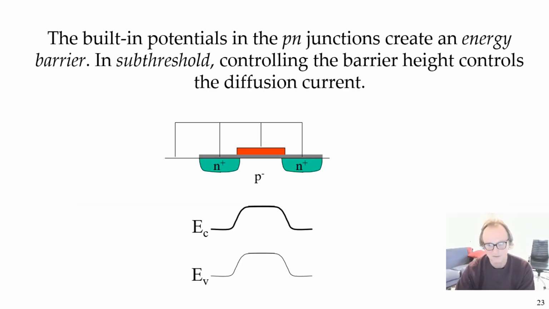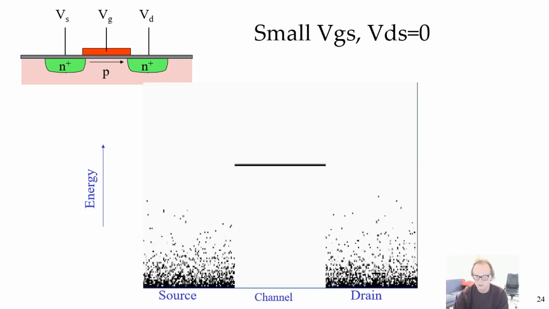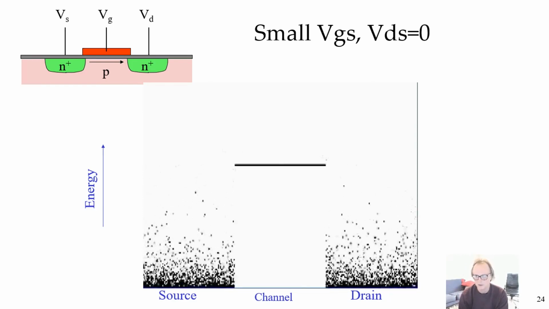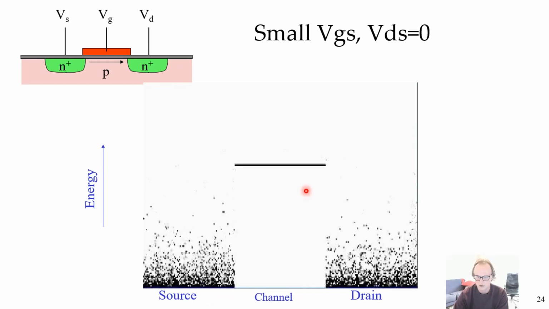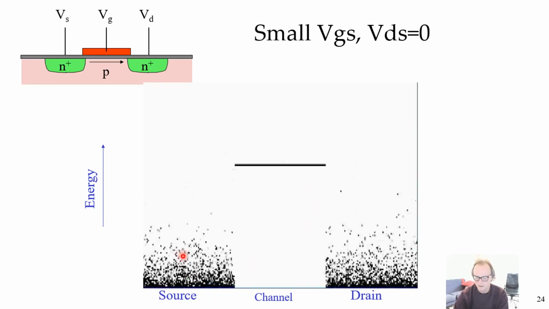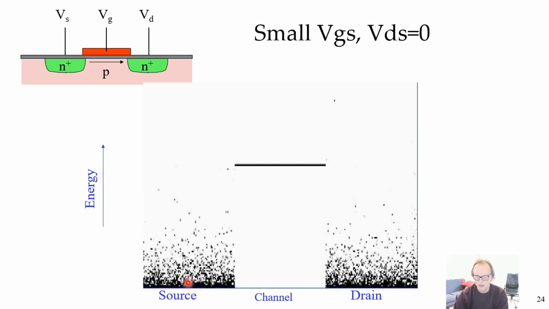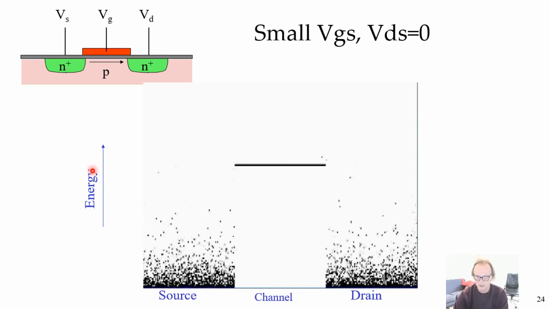And the basic way that such transistors work is that the built-in potentials in the PN junctions here create an energy barrier like we saw last time, and in subthreshold, controlling the barrier height controls the diffusion current between the source and the drain. And you saw in the video last time that the carriers are flying around in the source and drain semiconductor due to thermal activation with a scale of energy.